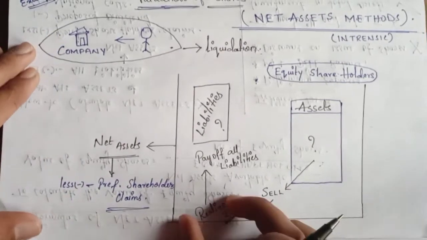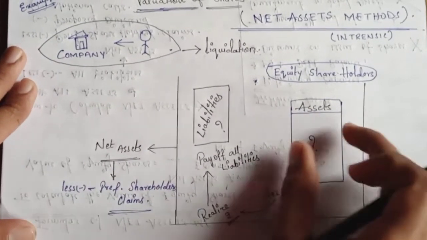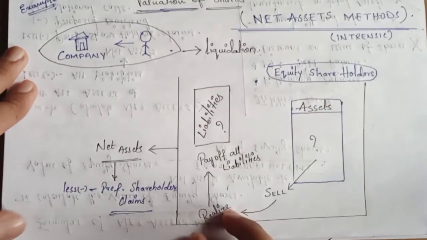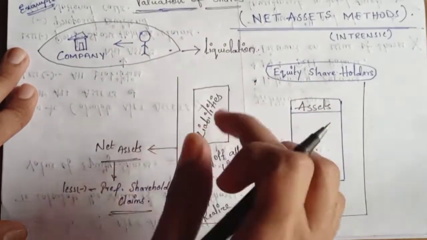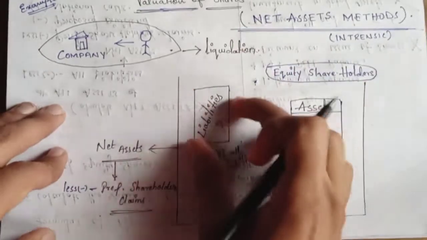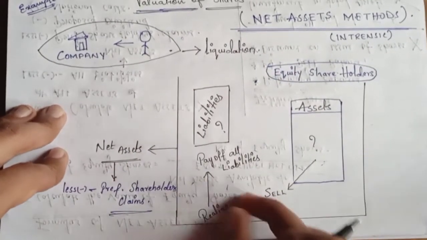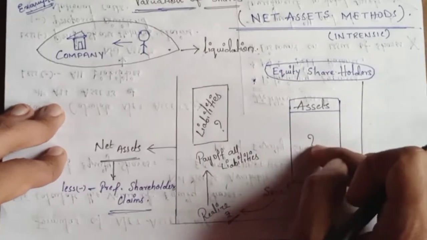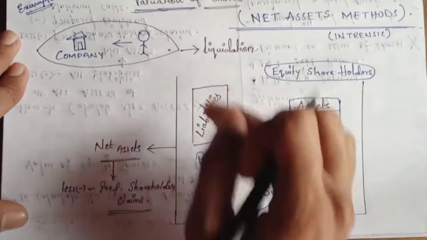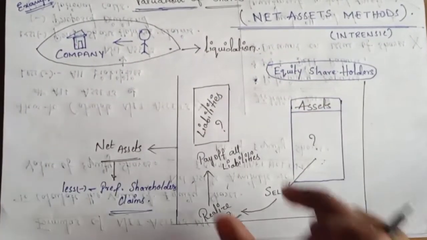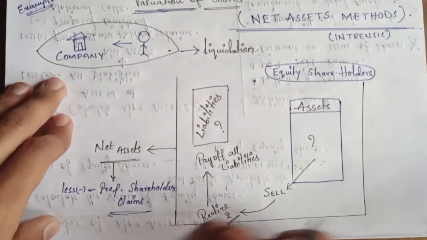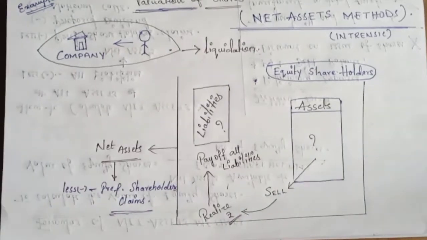And from the realizable value of the assets which the company gets, we are going to deduct all the liabilities, all the outsider liabilities. All the third party liabilities we are going to deduct from the realizable value of assets, right?